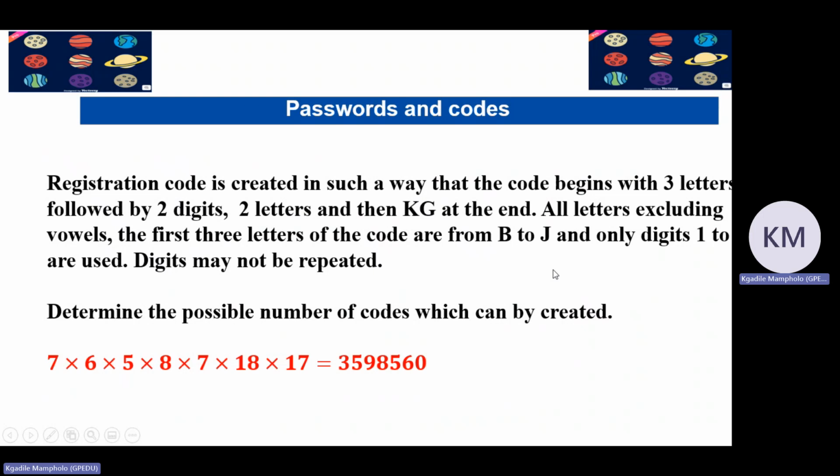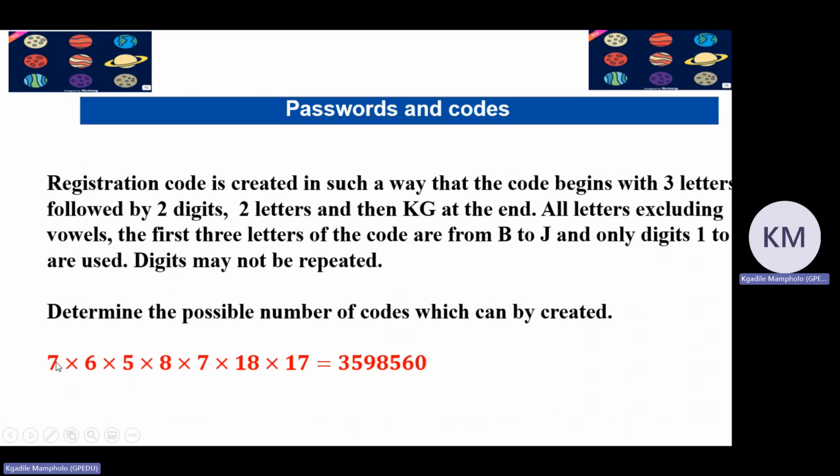We say the first letters of the code, we said vowels are excluded. The first letter of the code will be letters from B to J, but remember vowels are excluded. Now it can be B, C, D, F, G, H, or J, and in total there are 7.